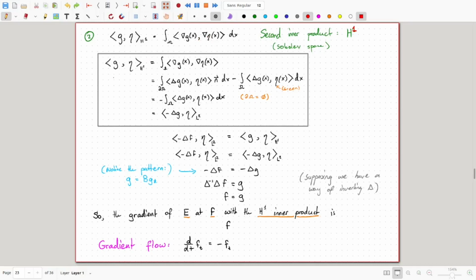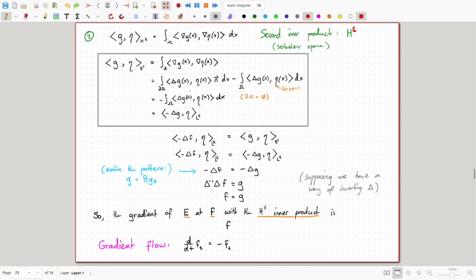Okay, so what you can usually do is if you have some other inner product, you can often rewrite it as some other inner product. So we have our H1 inner product, and we're going to rewrite it as that L2 inner product. We're going to do the following process. The H1 inner product, we have this definition here. Write it out. Then we're going to apply Green's theorem.